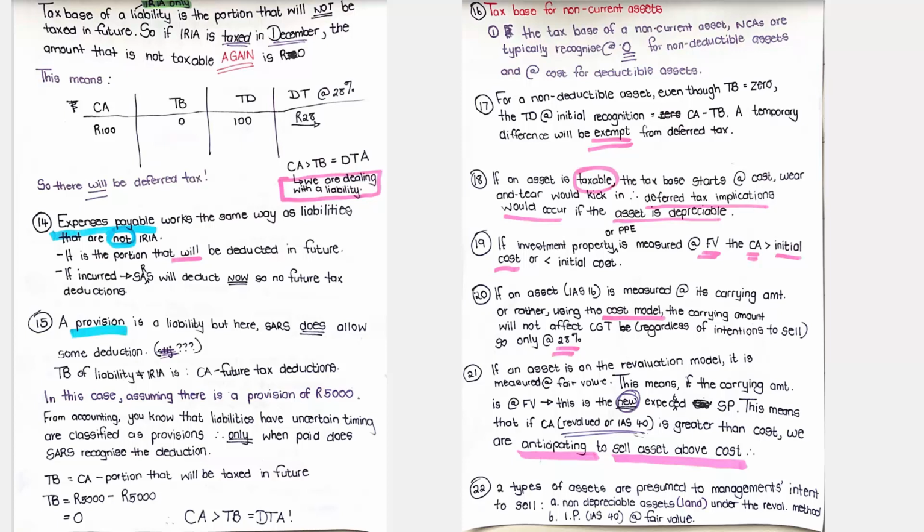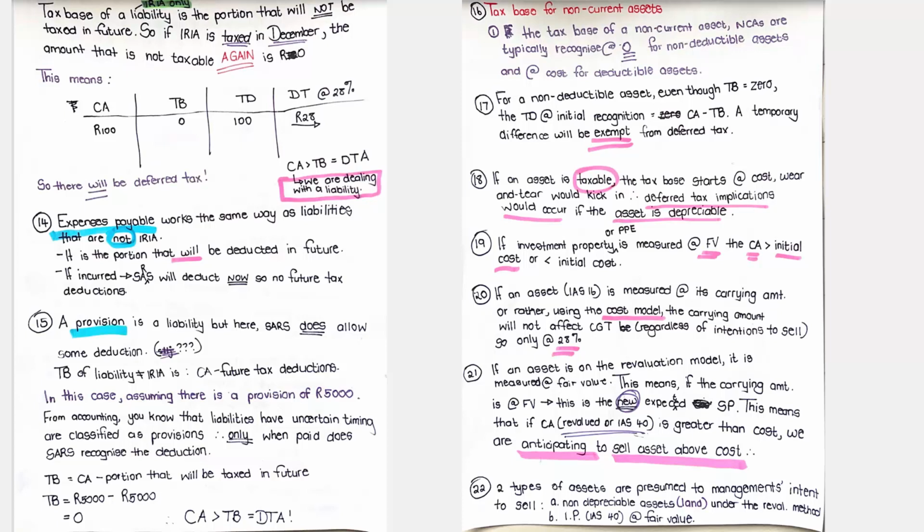So a provision I want to speak about. The provision is sometimes completely different, because what happens with a provision is that SARS might allow some deduction. And if SARS allows a deduction, remember, the tax base of a liability that is not income received in advance, a provision is not income received in advance, and therefore your definition is your carrying amount less your future tax deductions.